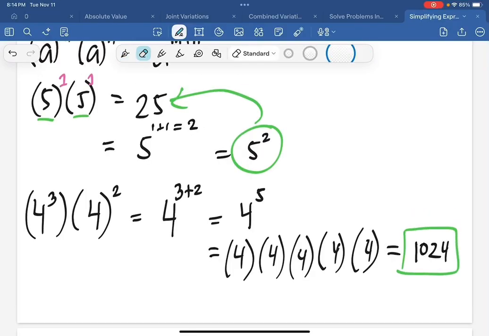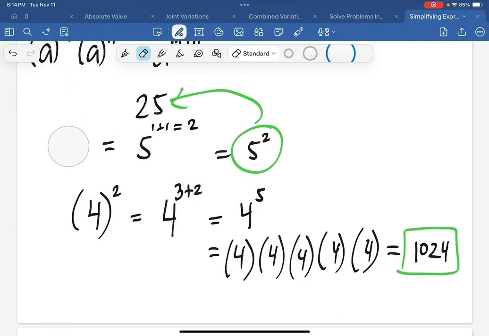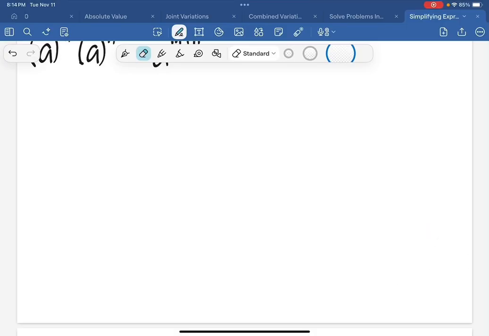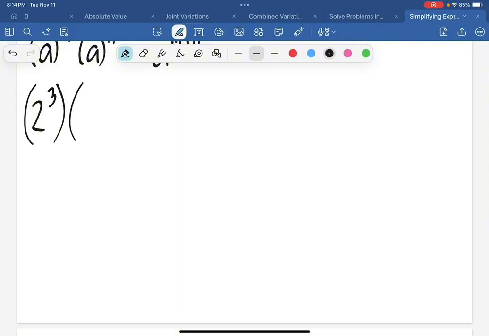Same thing as earlier. Now, what if we have a different base and we're involving only numbers? Okay, let's try 2 cubed times 3 squared. Again, obviously, their bases are not the same, 2 and 3.